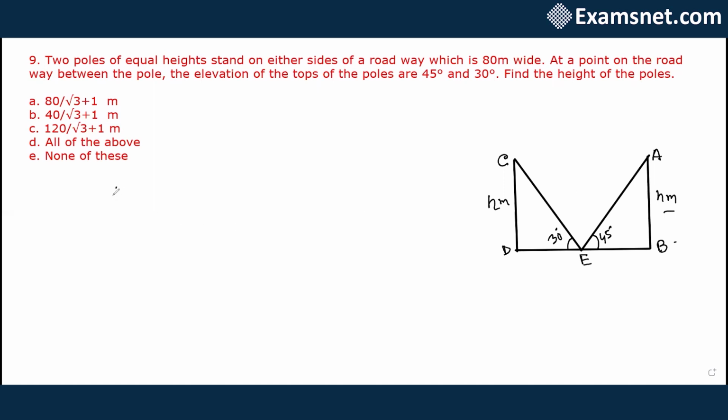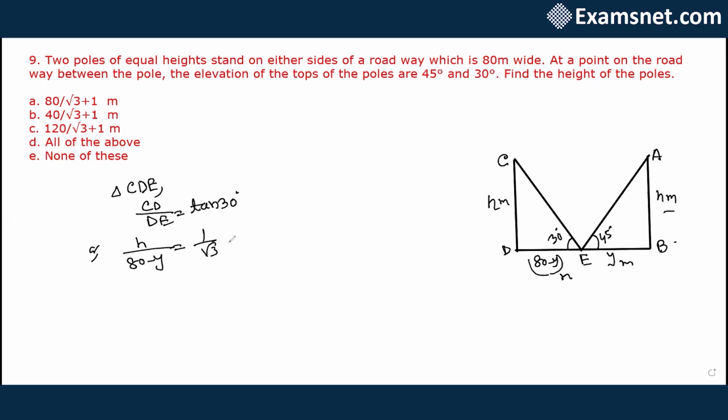Okay, so first let's consider triangle CDE. Since the road is 80 meter wide, let's say BE is Y meter. So DE should be 80 minus Y meter. Okay. So here CD by DE equals tan 30 degree. So in place of CD, we can write H by 80 minus Y equals 1 by root 3.